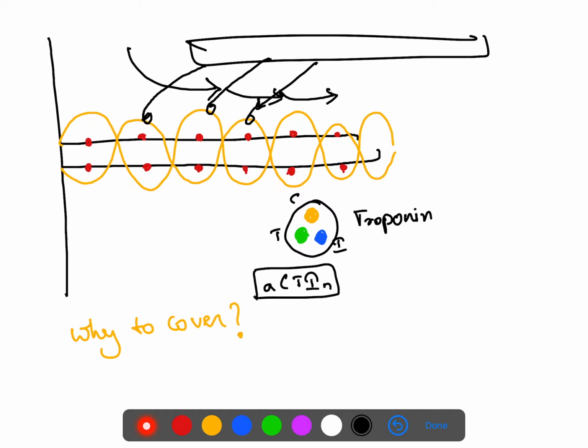So what is the importance of these proteins? You already know that calcium is required for muscle contraction. So how is this calcium making the muscle contract?